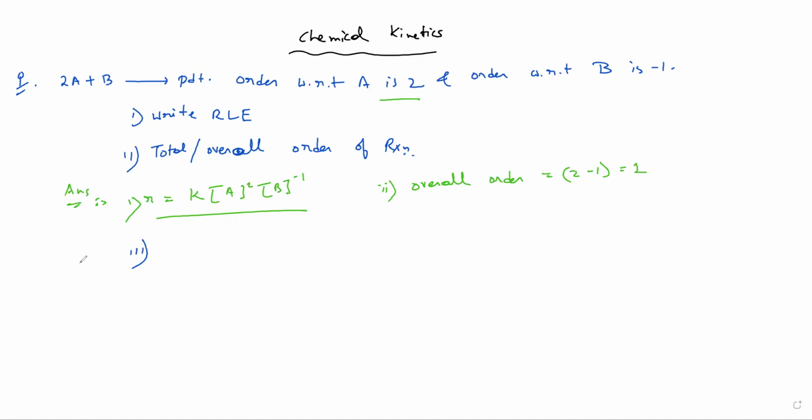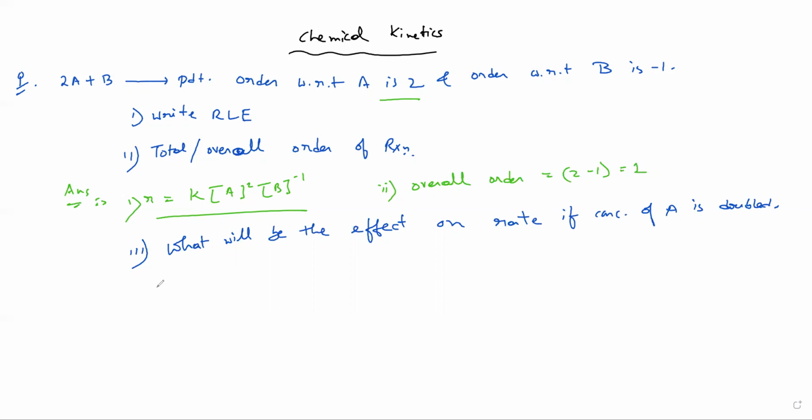Third, what will be the effect on rate if concentration of A is doubled? Now, concentration of A is doubled.